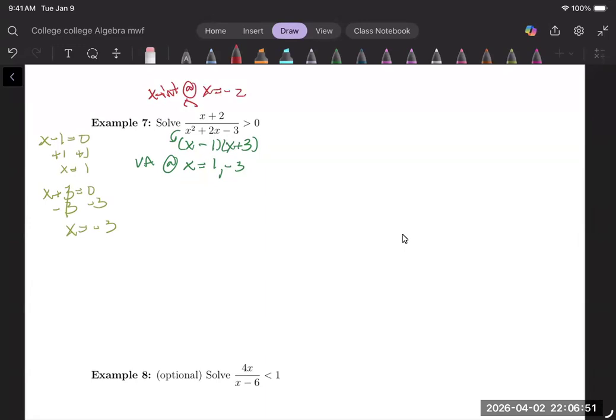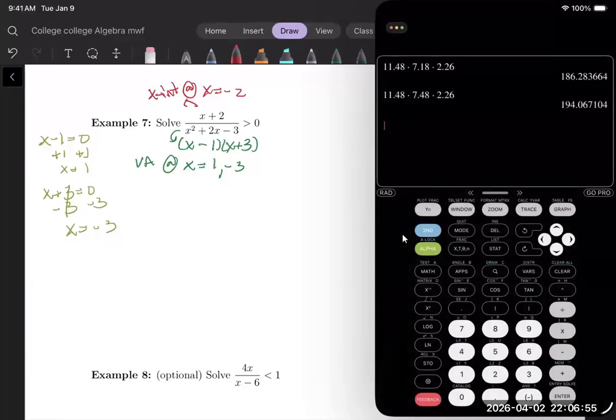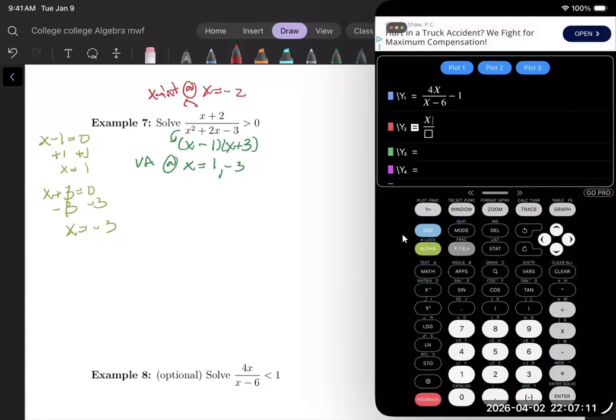But again, I'm doing this graphically. So into y equals, oh, that's good. Let me just turn this one off. Turn that off. And then we'll just look at this one here. Okay, so y equals (x plus 2) over (x squared plus 2x minus 3).